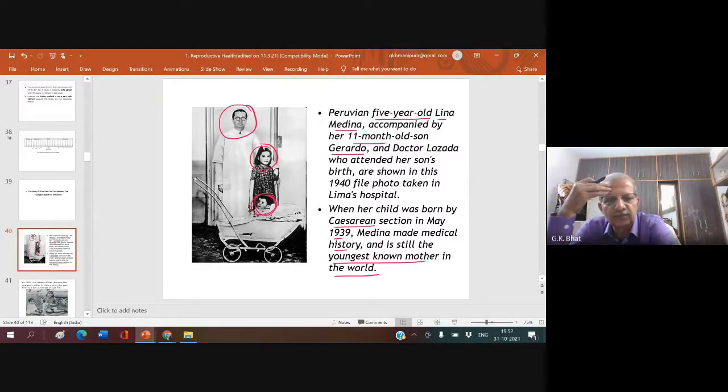Later, when it was doubted who must be the father of this baby, the doubt fell on her father, Lena Medina's father. He even got arrested. Now that you are reading the news and newspapers, a father raping his own daughter.